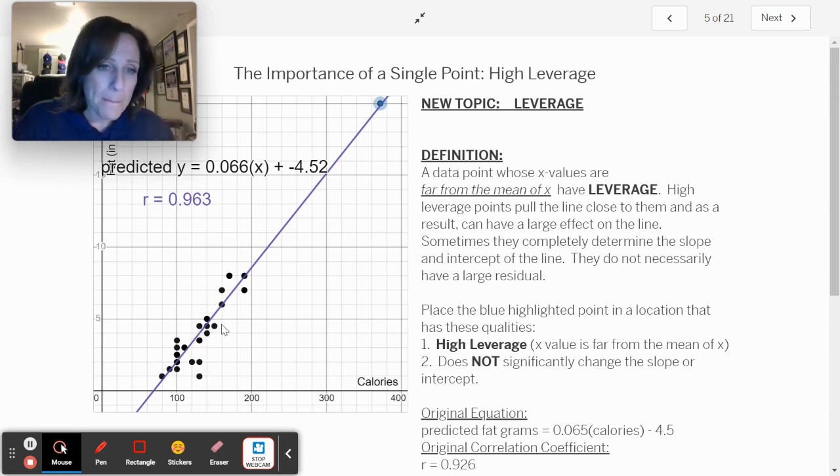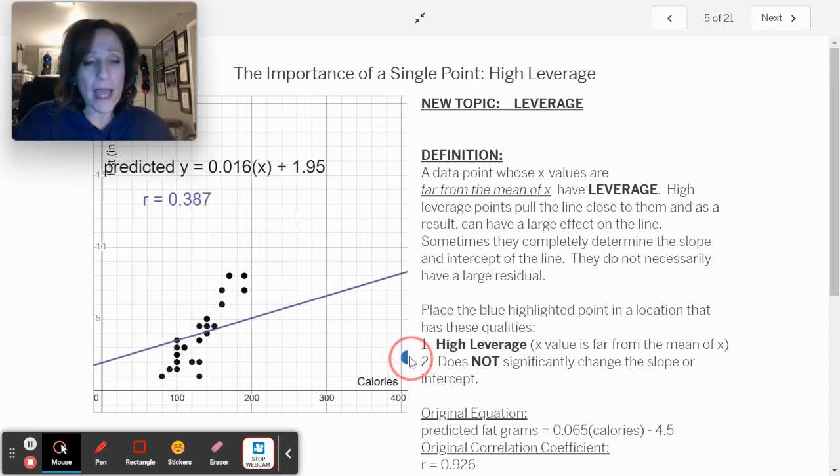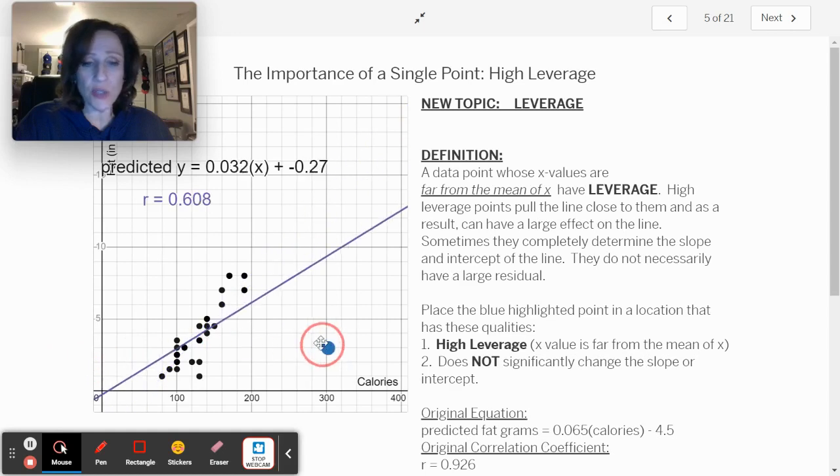That would be the mean of the x's, okay? So there's our mean of the x's. And a data point that has high leverage is a point that is far away in the x direction.